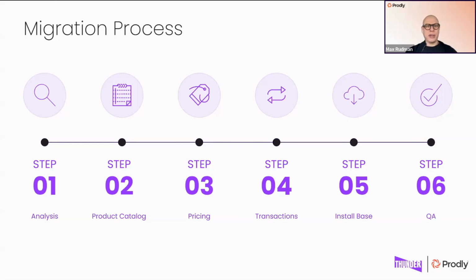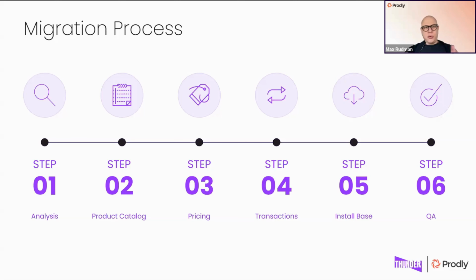We'll also flag that for you. The point is that you'll be going into the migration with eyes wide open. You'll know what you've got, what will migrate, what won't, and where you have to bring resources like Thunder to help you rethink things and re-architect them around the new product.